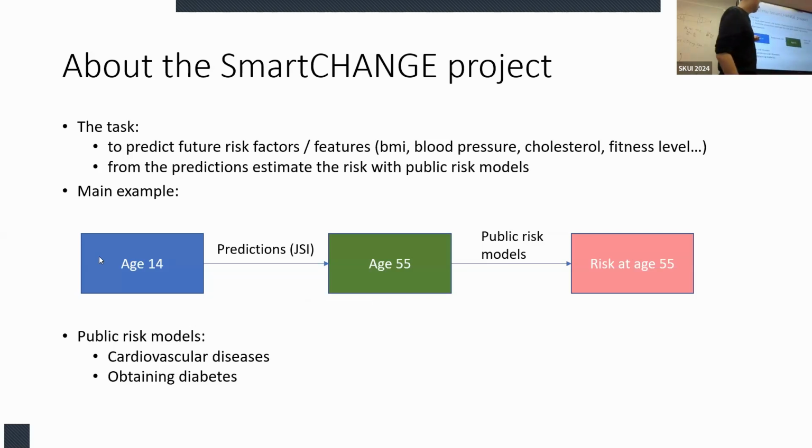The reason we have to go from 14 to 55 is because there are no models really at age 14, but there are at, let's say, age 55. Currently, we have two risk models. They are publicly available. One is for cardiovascular diseases, and one is for obtaining diabetes.